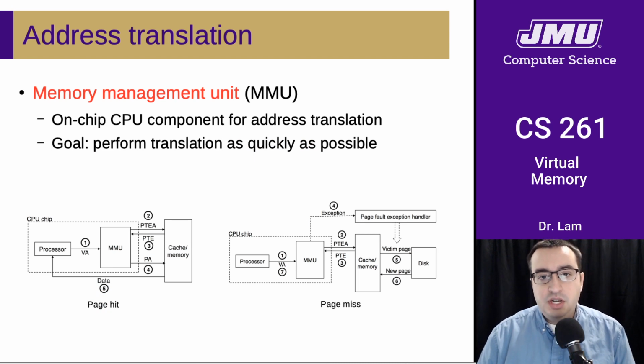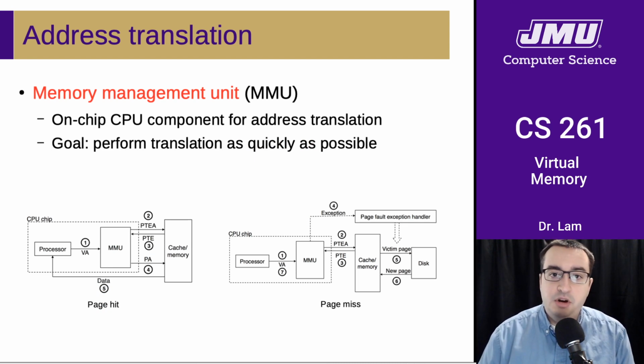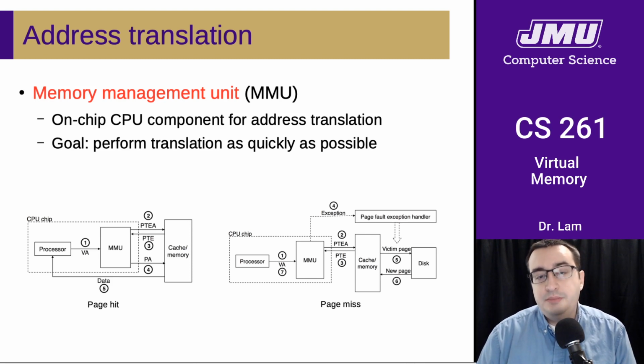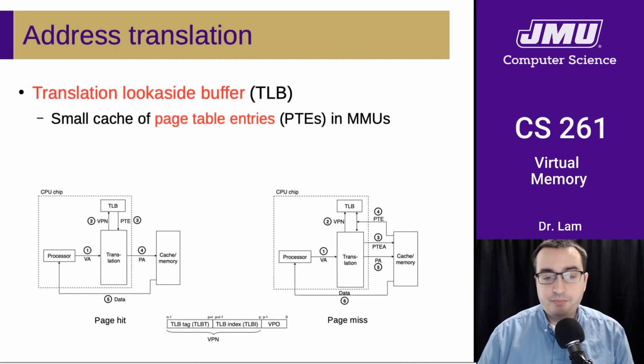This translation is accomplished by something called a memory management unit, or an MMU, and this is typically on chip on the CPU so that the translation can happen as quickly as possible. It's typically assisted in this task by something called a translation look-aside buffer, which is really nothing more than a small cache of page table entries.